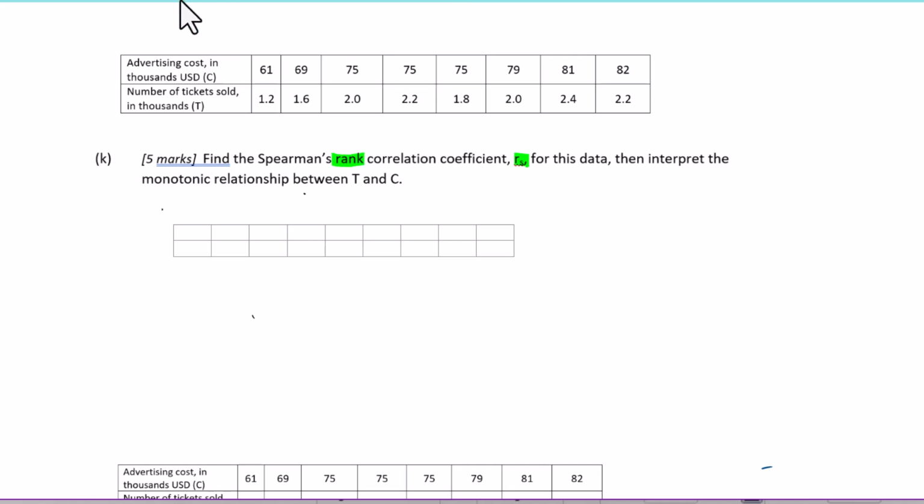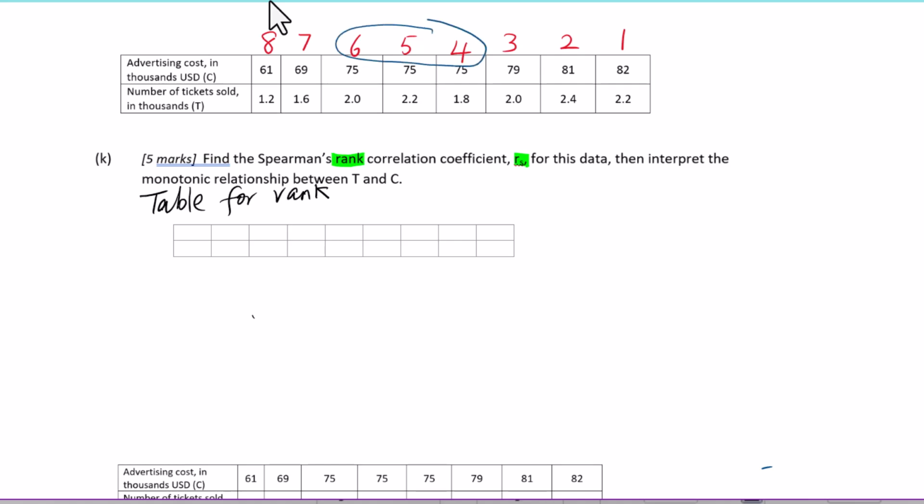You have to make table for rank. Let's go back to the original table. Highest number is rank 1. 1, 2, 3, 4, 5, 6, 7, 8. Then check the rank with the same data.